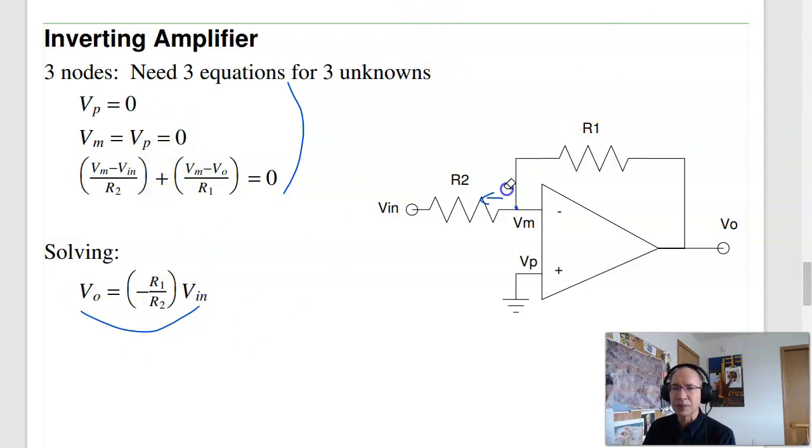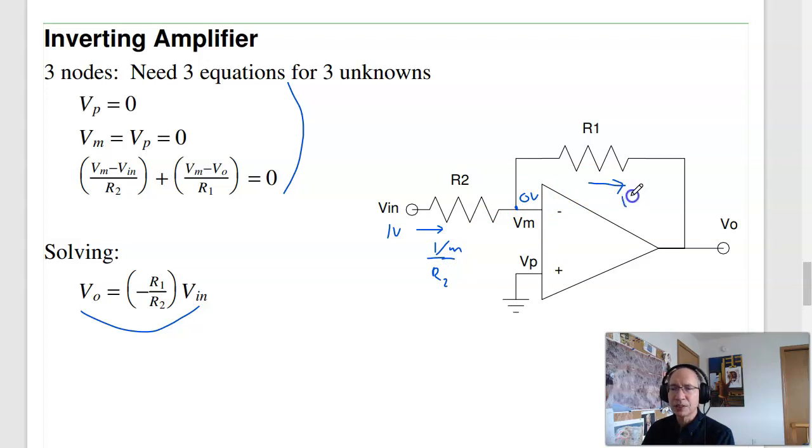Second way to solve it is note that V minus is 0 volts. So suppose this is 1 volt. The current through here is 1 over R2. I'll just call it Vin over R2. It's not that complicated. That current has to go somewhere. That current has to go through here.